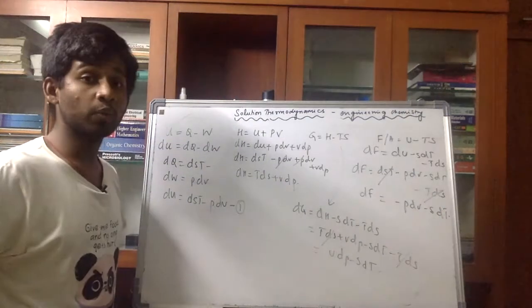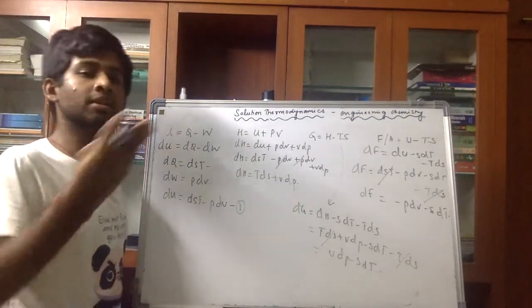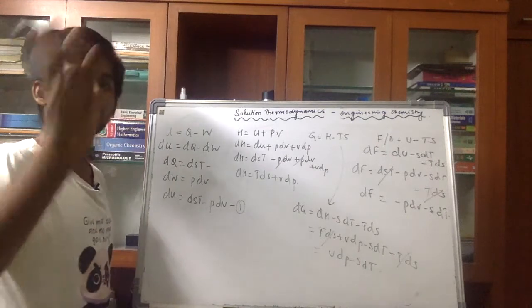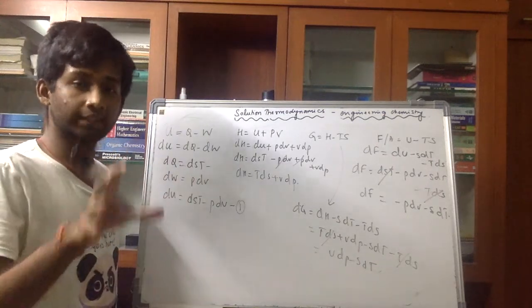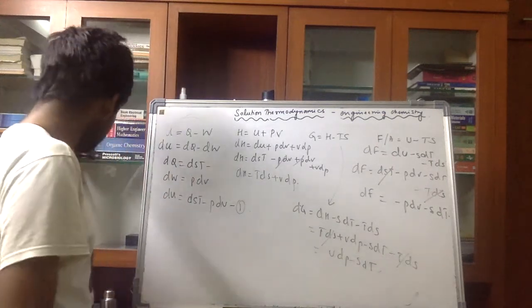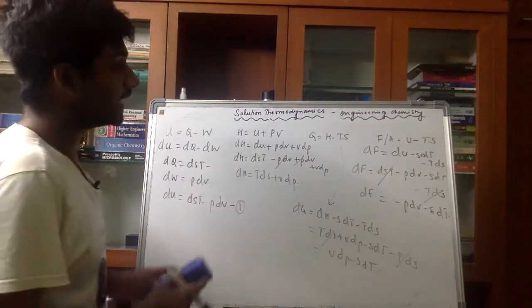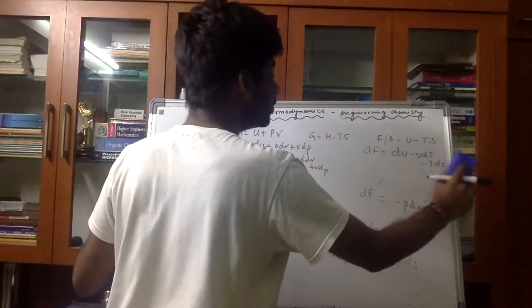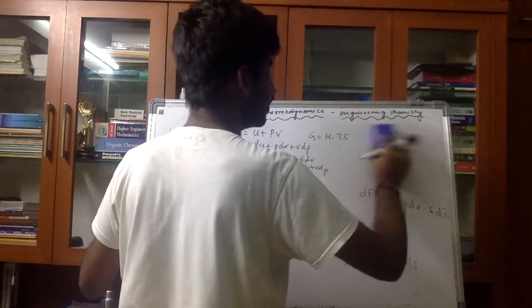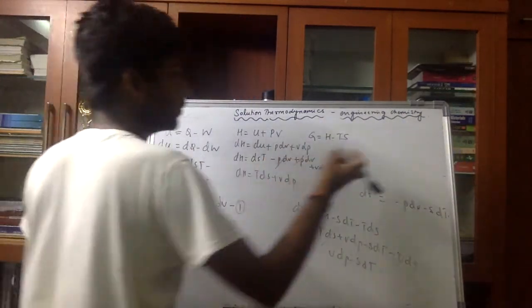Now you will make use of all these equations, jumble up, substitute, do all permutations and combinations to get the relations. So now let's go on to the actual topic. Before that, let me note down these things so that I can refer to them.